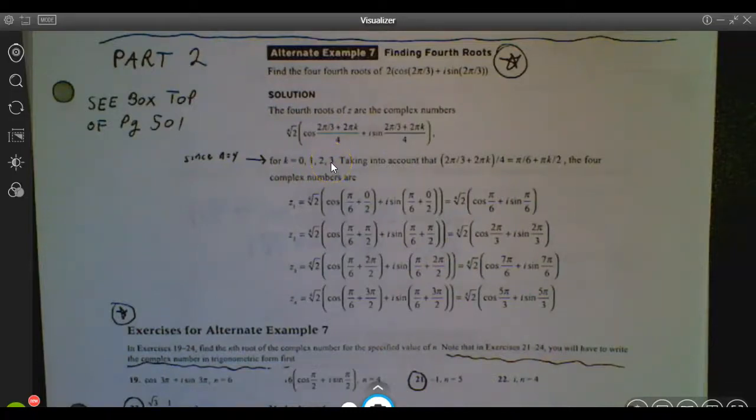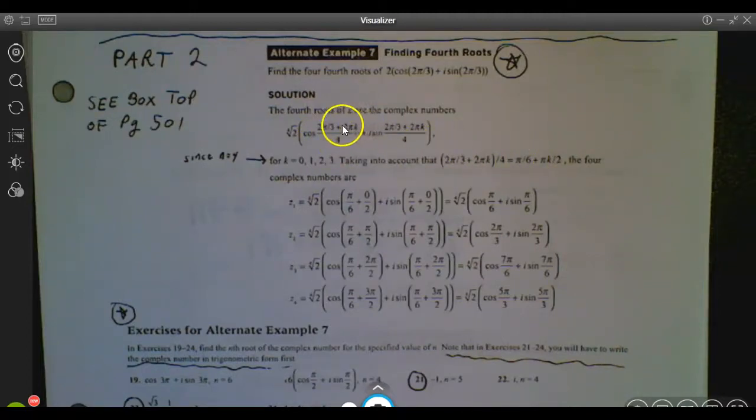Before you start plugging in those numbers, let's just recognize what we really have if I clean this up first. What if I took these numbers and divided each one of those, or reduced them, by 4 before we even start? So if I did 2 pi over 3 divided by 4, I get this.